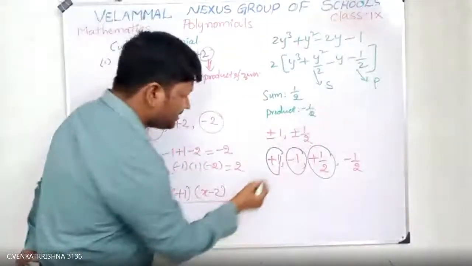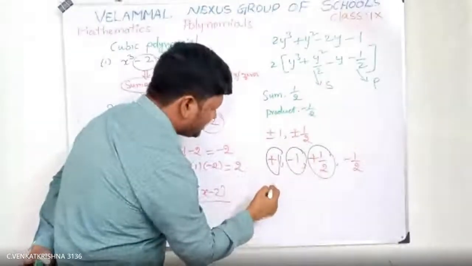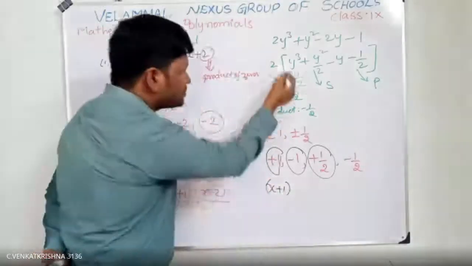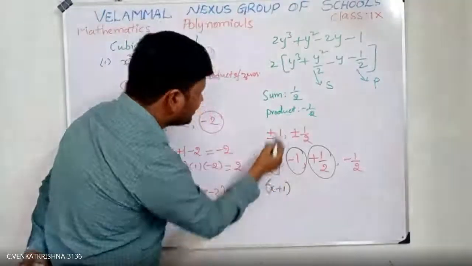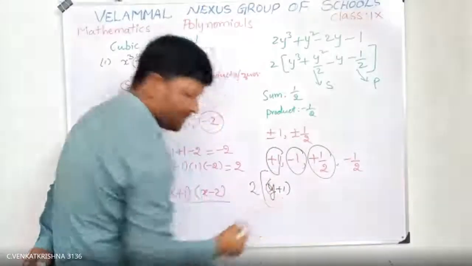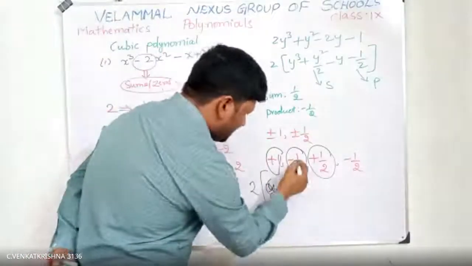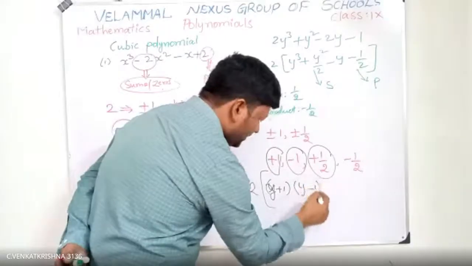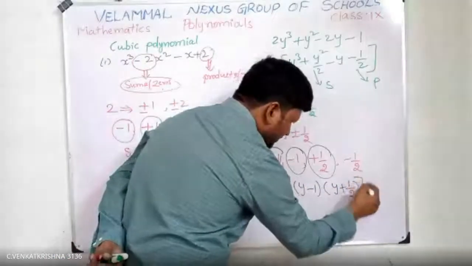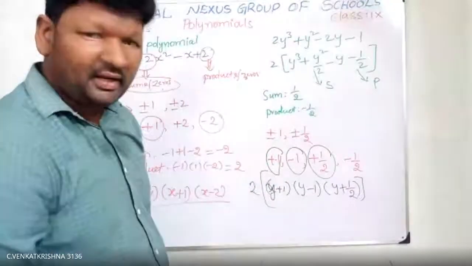Then the factors are: y plus 1, 2 into y, and y minus 1 into y plus 1 by 2.